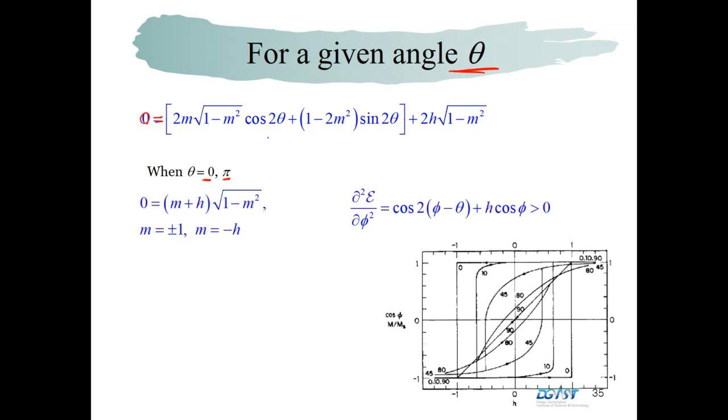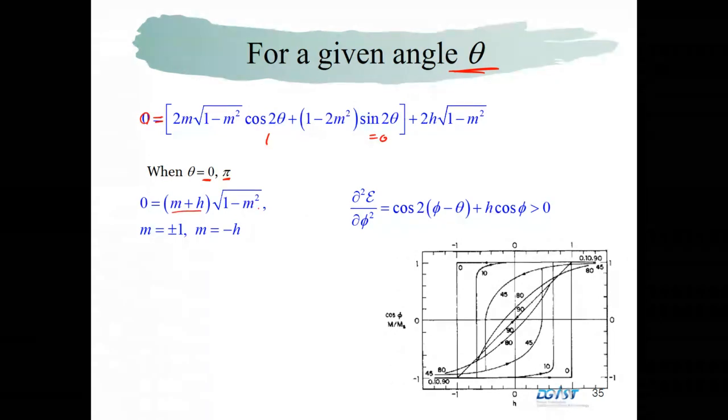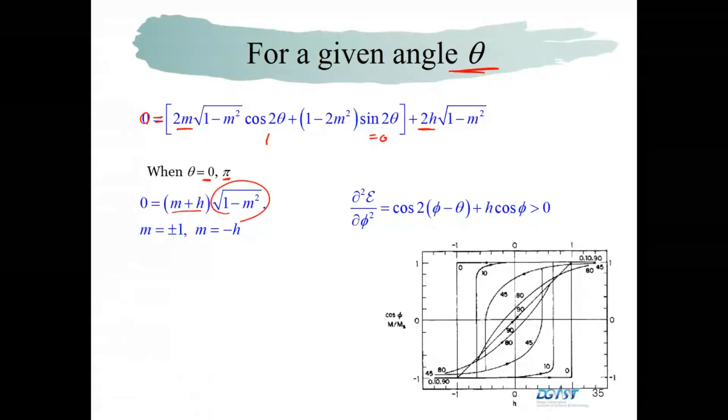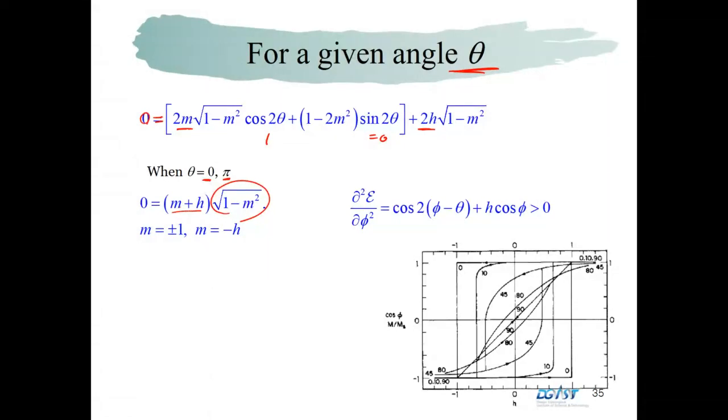And in that case, theta is 0, then cosine is 1 and sine is 0. So that implies m plus h, we have a common factor, root 1 minus m squared, m, and we have m plus h here.